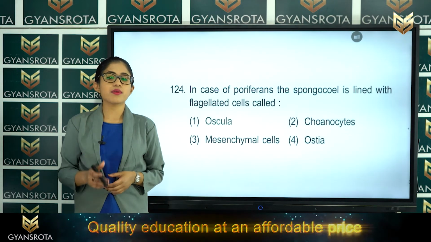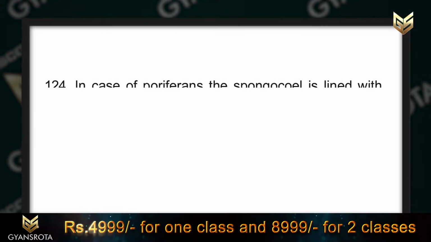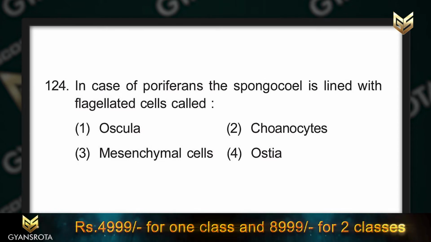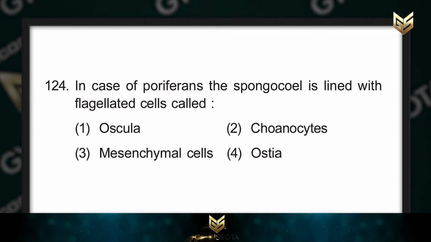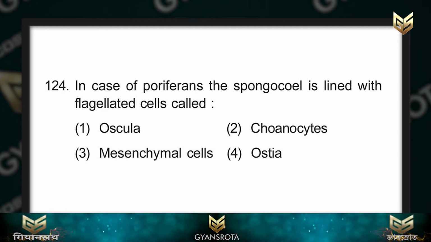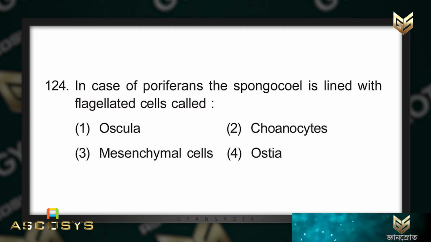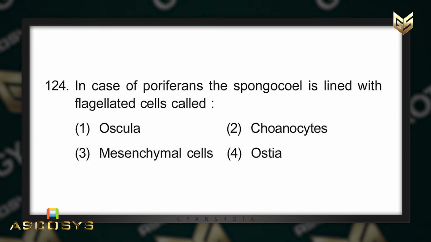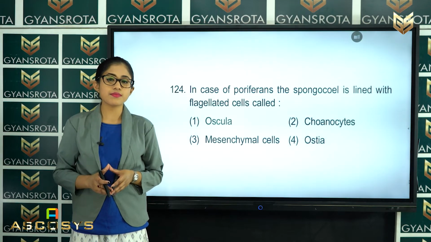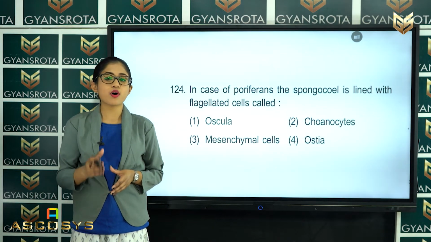Next question is question number 124. So, in the case of poriferans, the spongocoel is lined with flagellated cells called oscula, second is choanocytes, third is mesenchymal cells, and the fourth is ostia. So, we have discussed this in the chapter Animal Kingdom from the phylum Porifera.